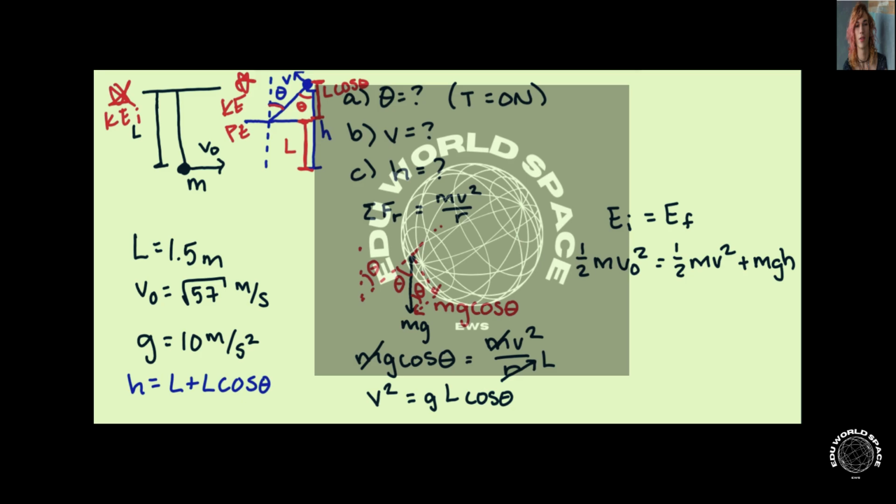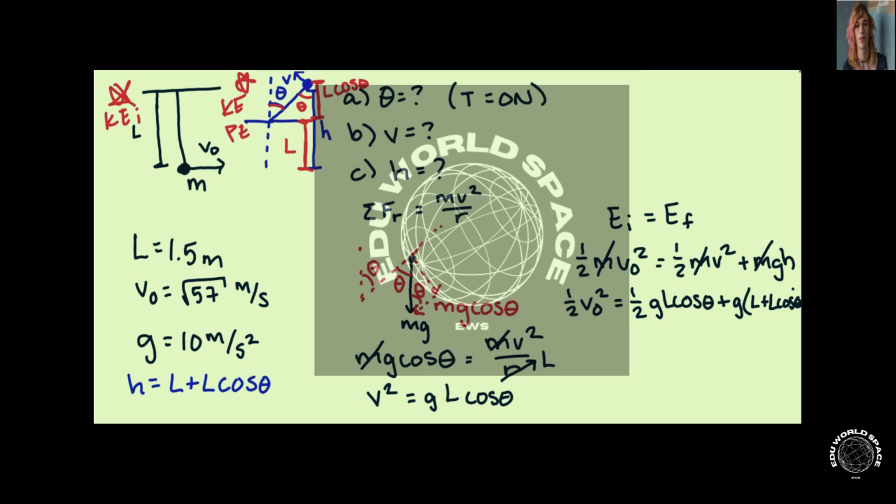Having all of that information, we can now go back to conservation of energy and start plugging things in and trying to solve. So first, I'm going to go ahead and cancel all the masses because mass doesn't matter here. And we again have 1/2 v naught squared equals 1/2 gL cosine theta, because v squared is gL cosine theta, plus, and again here we have g times h, where h is L plus L cosine of theta.